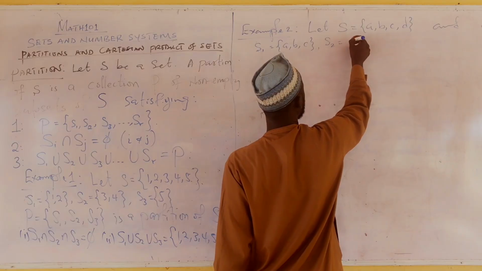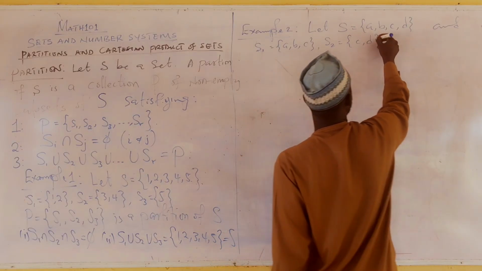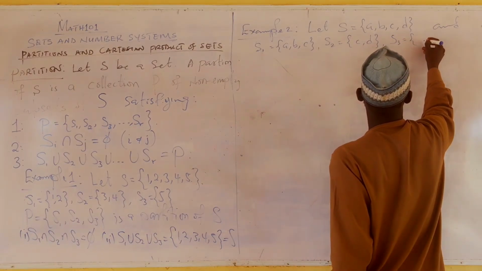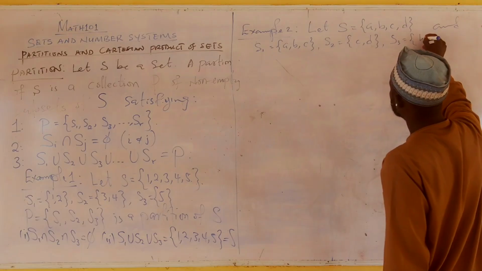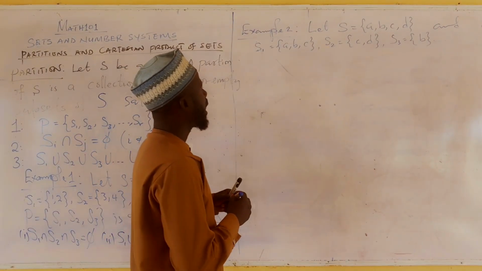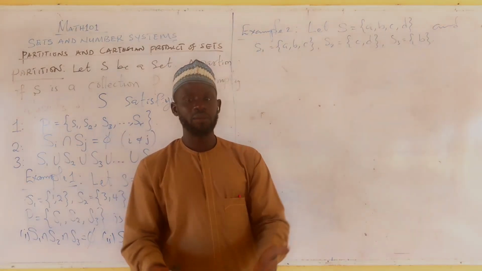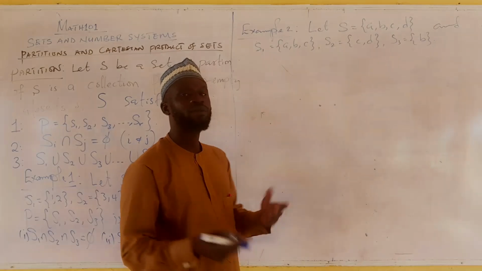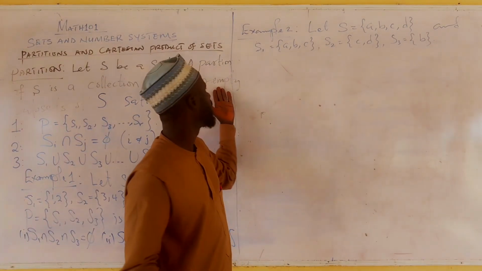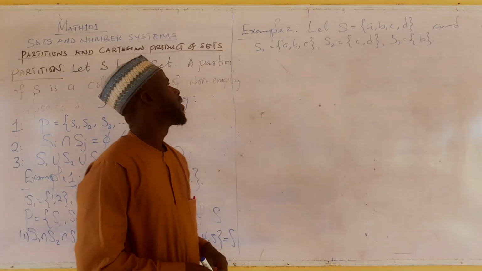Let S2 be equal to c, d, and then S3 be equal to a set containing only b. So you see, these three subsets are non-empty, so they satisfy the first condition stated in the definition: it's a collection of non-empty subsets of S.